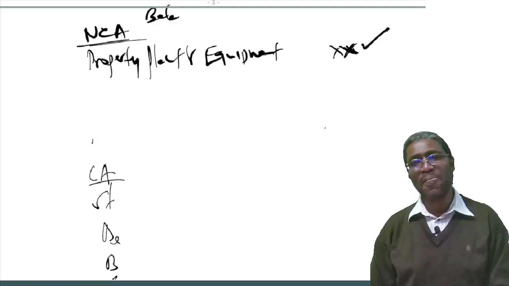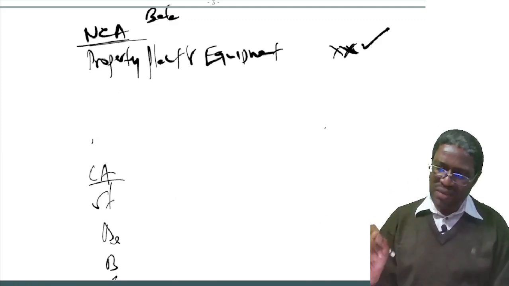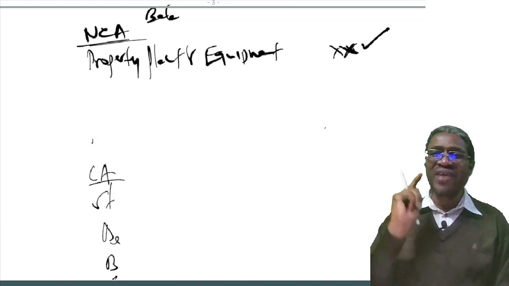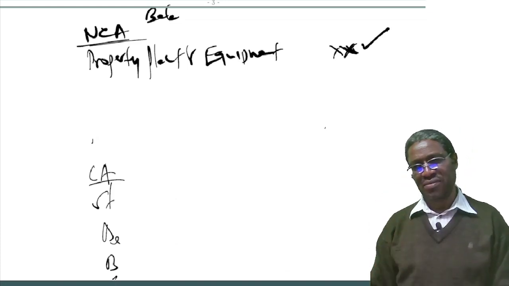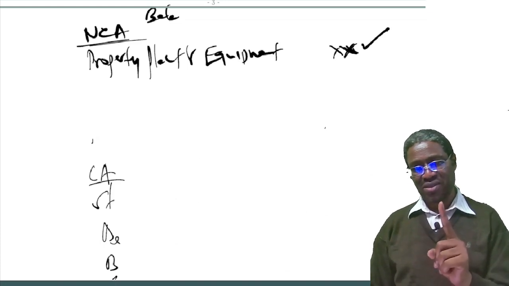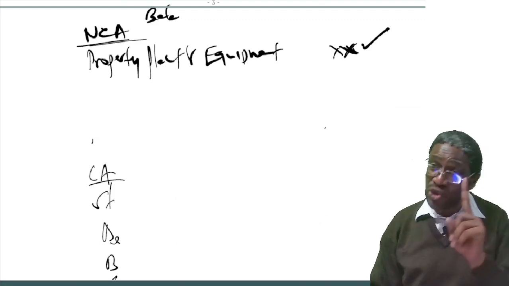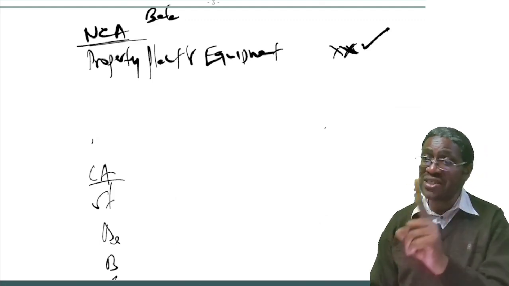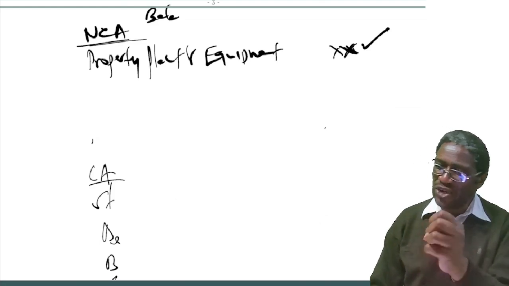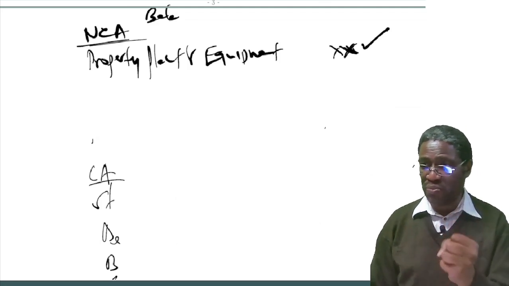Listen to this now. Then, listen, if as a company you have any other fixed asset which cannot be classified as being part of property, plant, and equipment, yes, it's a fixed asset, but it cannot be classified as being part of property, plant, and equipment.